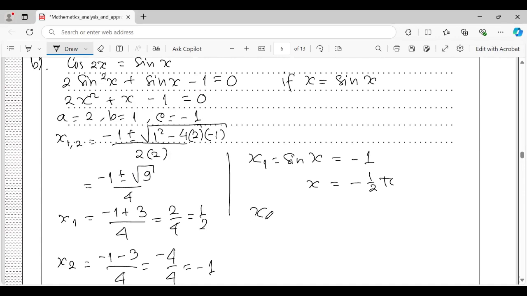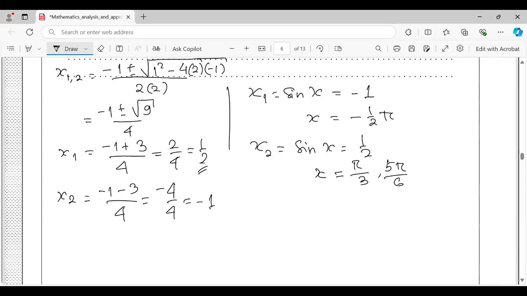Okay, x2: sine x equals half, so it means x equals 60 degrees, which is pi over 3, and if I'm not mistaken, 150 degrees, so 5 pi over 6.